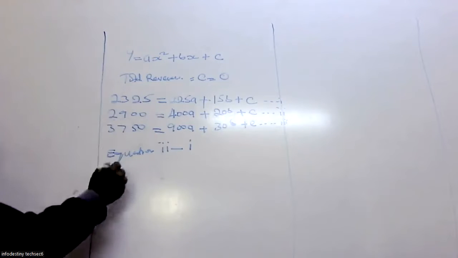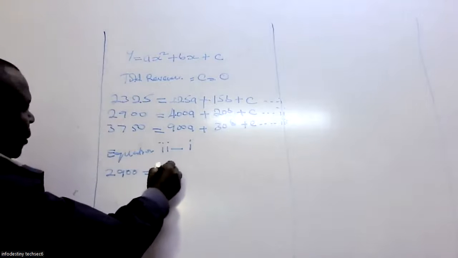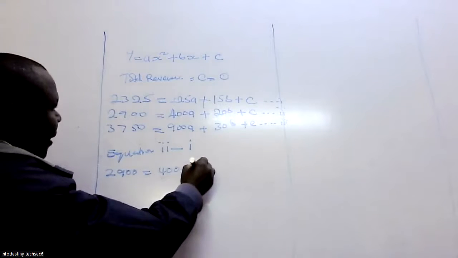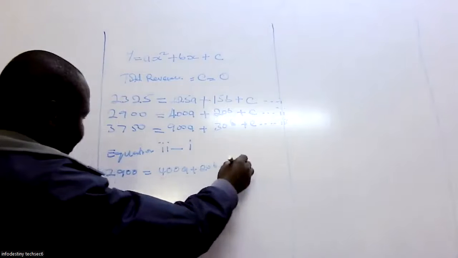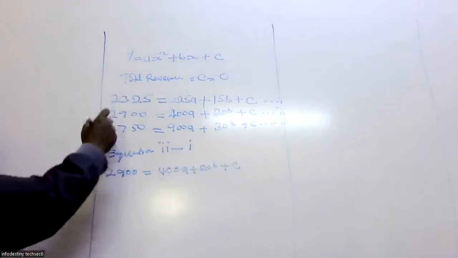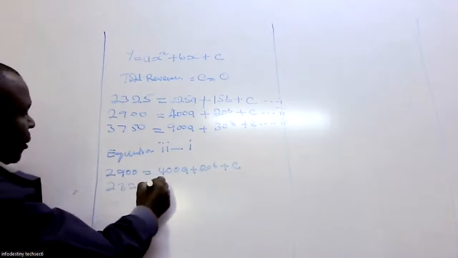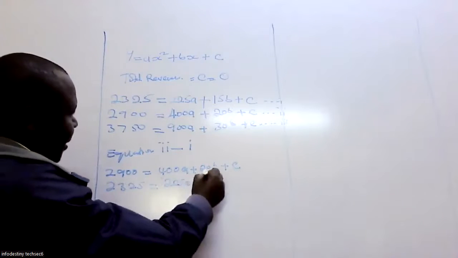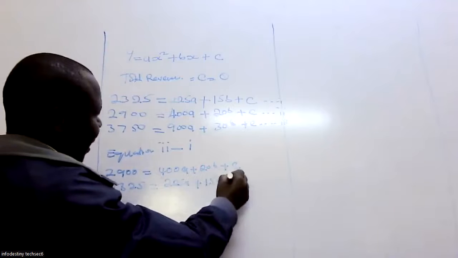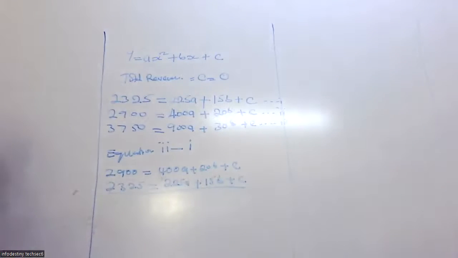It is this one: 2900 equals 400 A plus 20 B plus C. Then this one is 2325 equals 225 A plus 15 B plus C. Then we subtract.